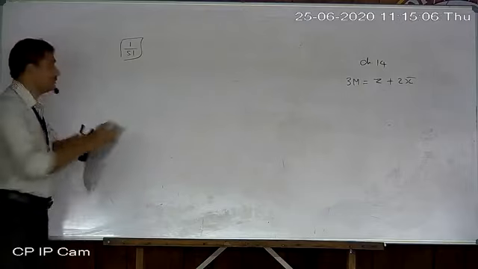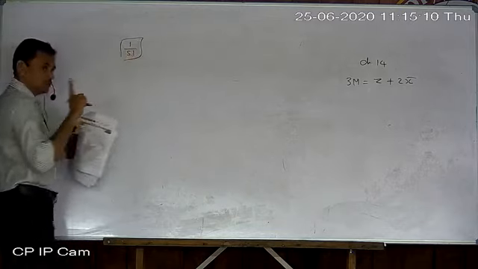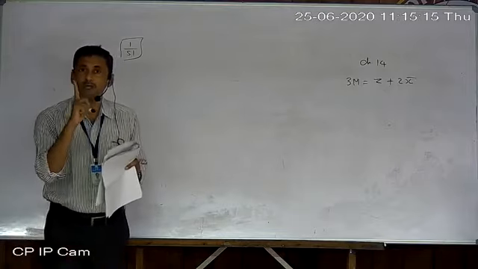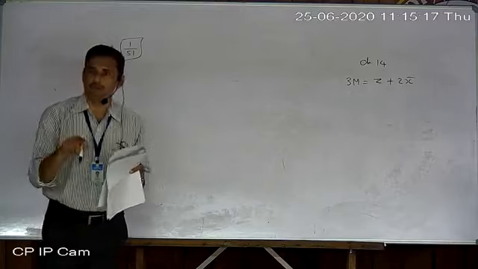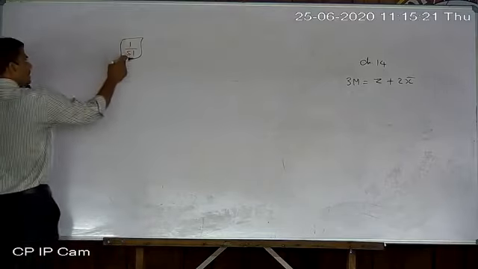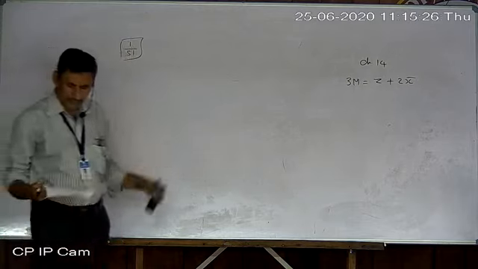Number of favorable outcomes over total number of outcomes. So total outcomes are 51 and favorable outcome is only 1. Because we are talking about any one number, whether it is 50, 40, 13, 2 or any number, that probability is always 1 upon 51. So the answer will be 1 upon 51.